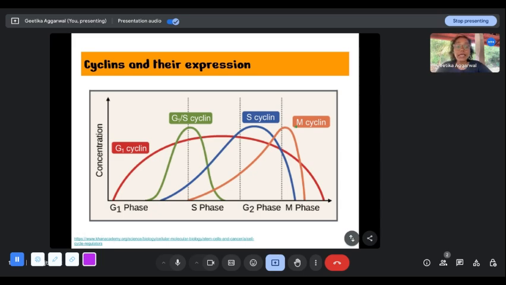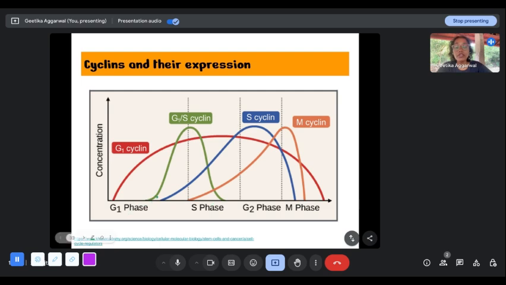So, what are the different cyclins that are required? You can see here how the concentration of the cyclins varies throughout the cell cycle. As the growth phase starts, the G1 cyclin starts increasing, and it only decreases when the cell has entered the M phase. Till then, it stays more or less constant.